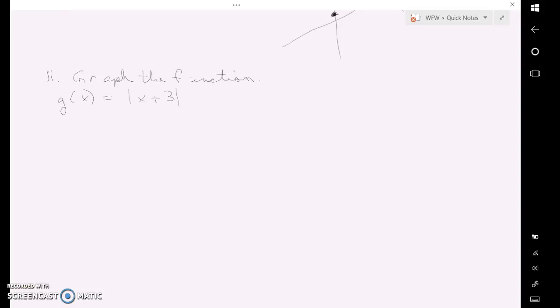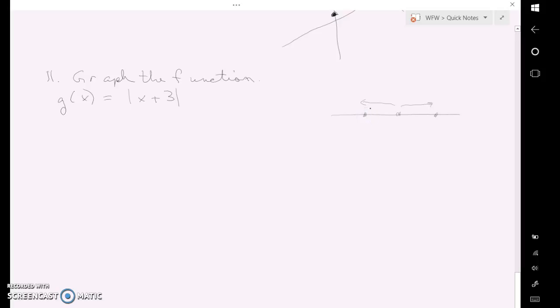In number 11, we're to graph the function, an absolute value function. G of x is x plus 3, but it's x plus 3 with an absolute value. What you need to remember is to visualize absolute values. Absolute values are distances, and so if you picture a number line, for instance, x plus 3 is either a distance this way, or it's the same distance this way.